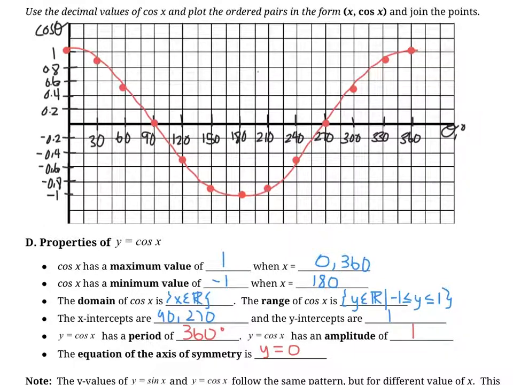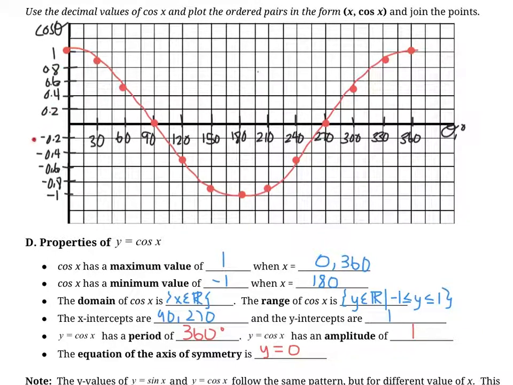The domain of cos and the range of cos are also going to be the same as sine. If we go beyond 360 degrees, so we go around the unit circle one more time, we know that these y values are just going to repeat over and over again. So this is a periodic function that's going to continue for all values of positive x. And if we go clockwise around the unit circle, we're going to get negative values.